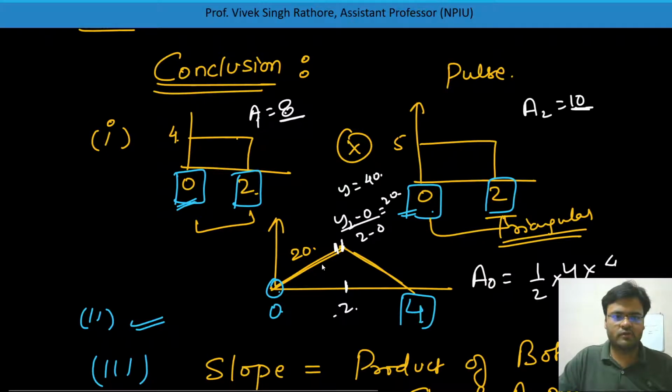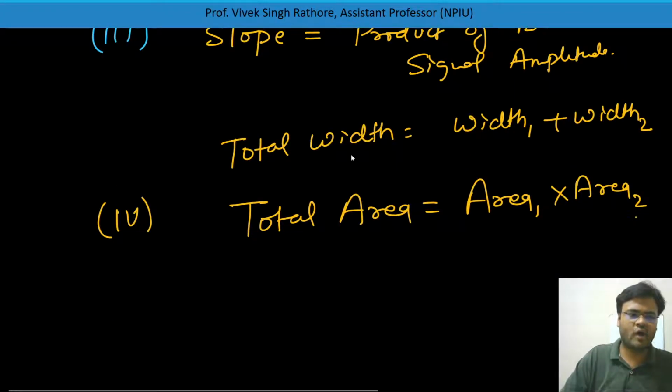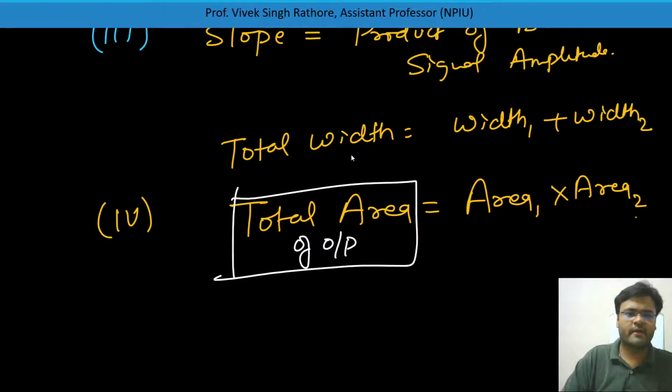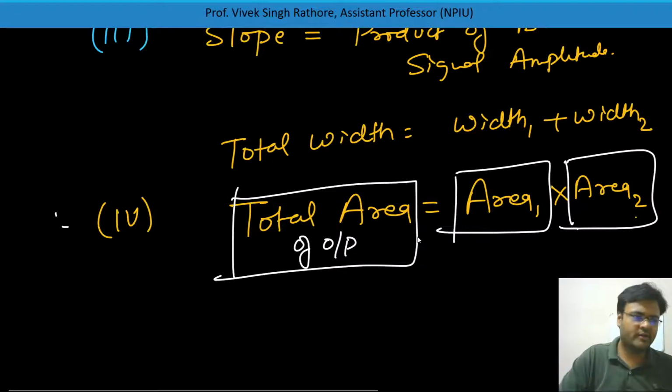So you'll get 2 times 40, total 80, area is equal to 80. So finally you can get that the total area of the output signal is equal to the area of the input multiplied by the area of your impulse response. This conclusion you can understand.